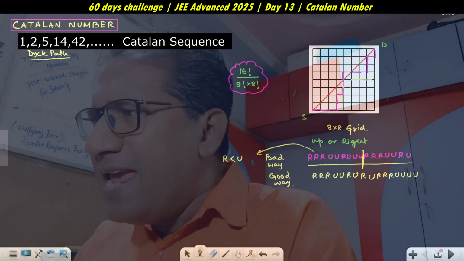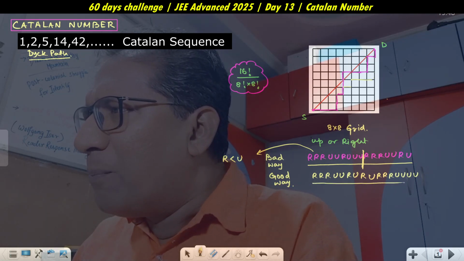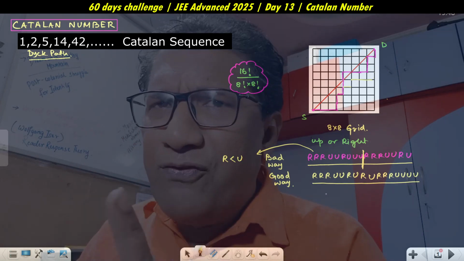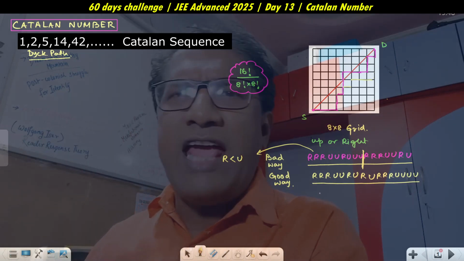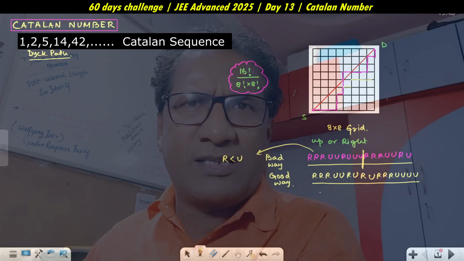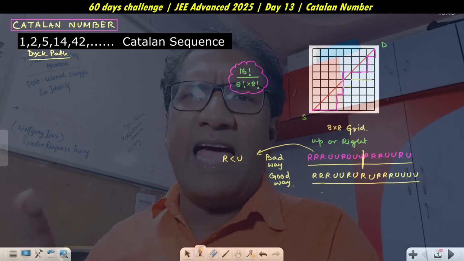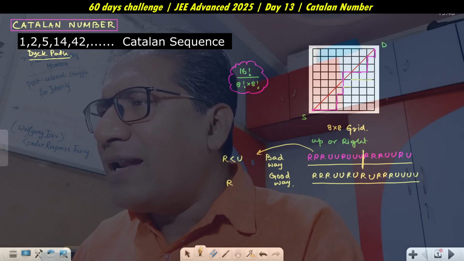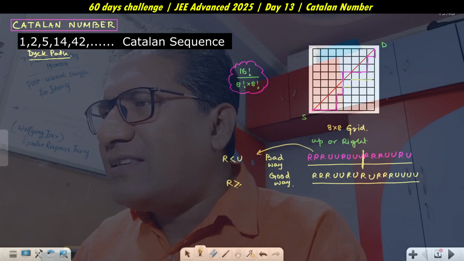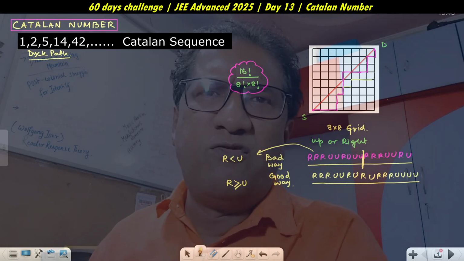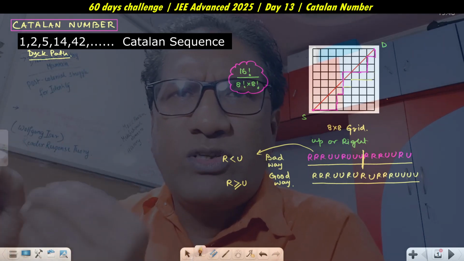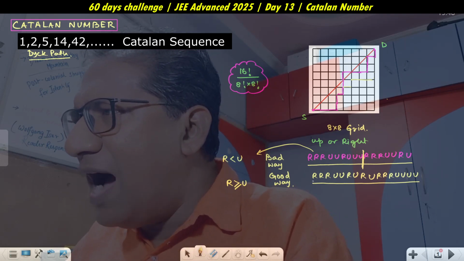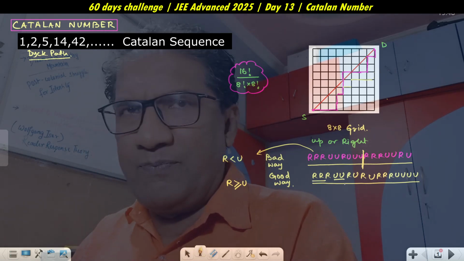But you see, in the good path, everywhere, at any stage of this sequence, you put a bar sign. You will always find that your R is always greater than or equal to the up movement. Anywhere you put a bar sign. You see, here there are 3 R's, 2 up.